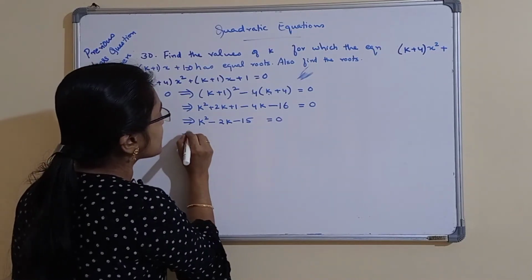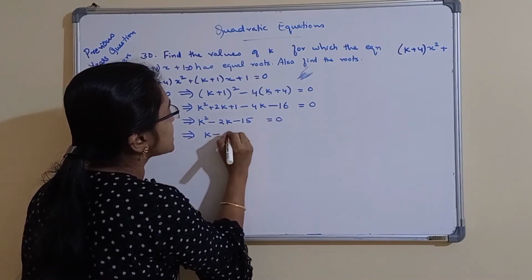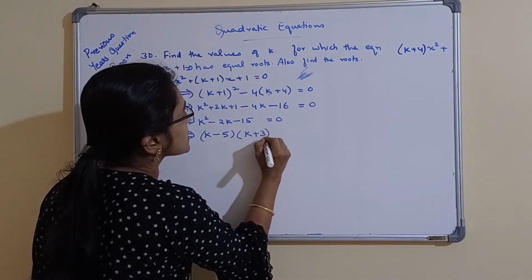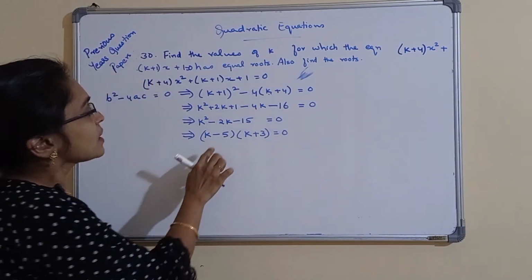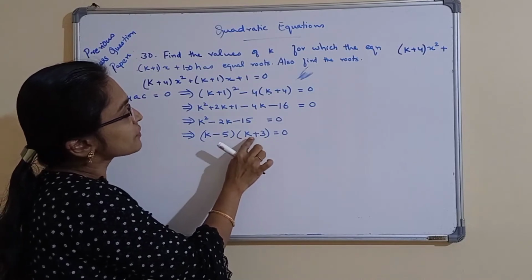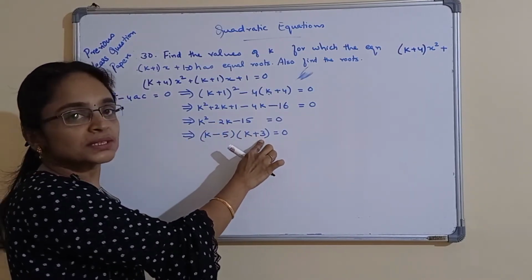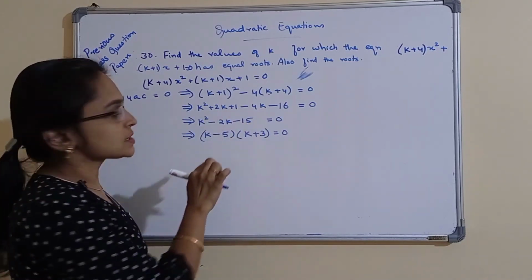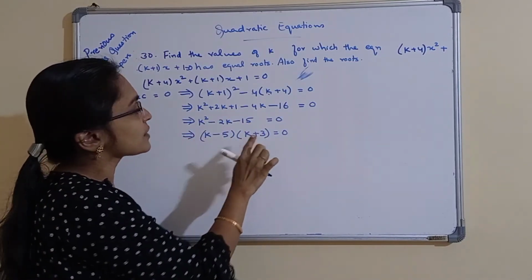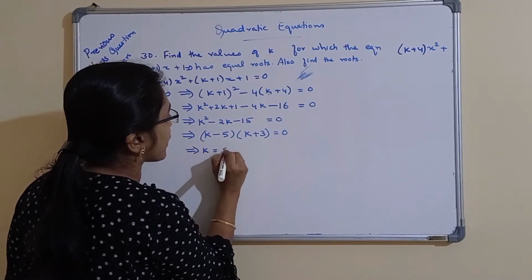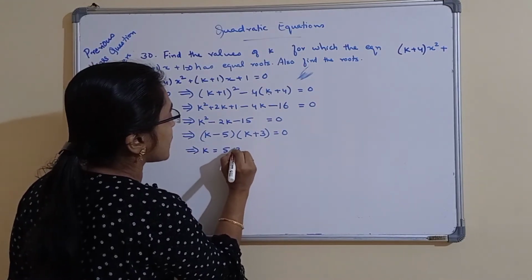So this can be written as k minus 5 into k plus 3 equal to 0, because minus 5 plus 3 is minus 2 and minus 5 into plus 3 is minus 15. Which implies k equal to 5 and k equal to minus 3.